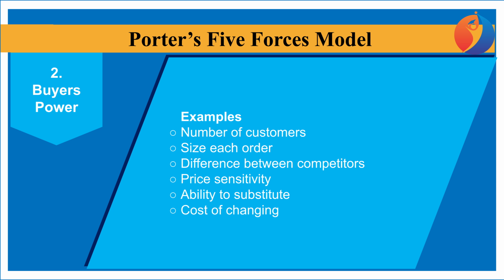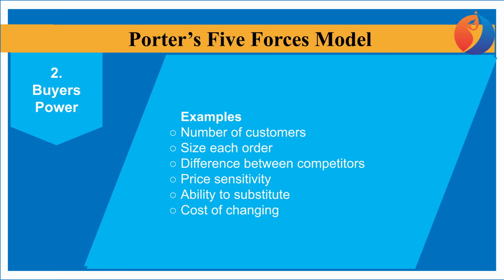When you deal with only a few savvy customers, they have more power. But if you have many customers and little competition, buyer power decreases. The examples are: number of customers, size of each order, difference between competitors, price sensitivity, ability to substitute, cost of changing.